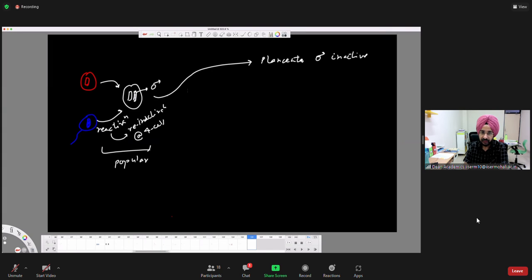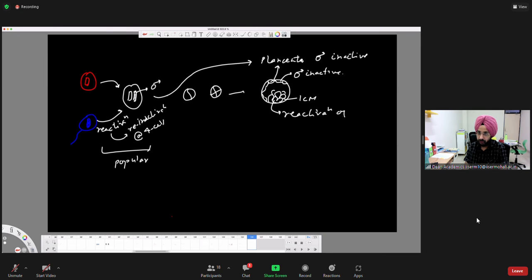Then you will have other development, right? And in the end you are doing this ICM, and the trophoblast is also having an inactive X chromosome, from the paternal side. But in this stage you have reactivation, so both are active, then only one is inactive.